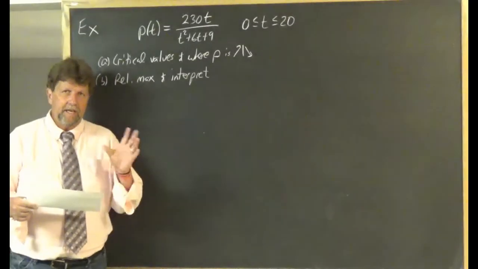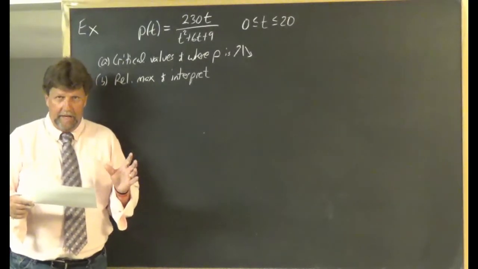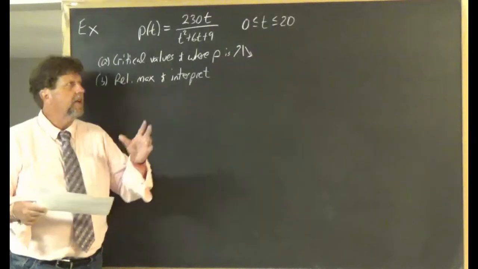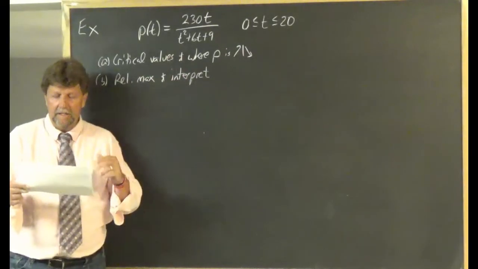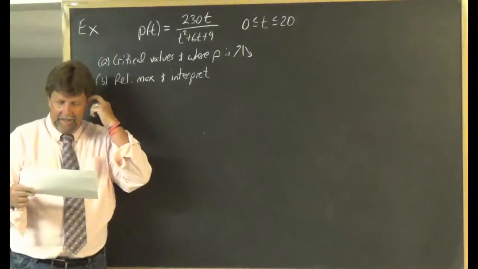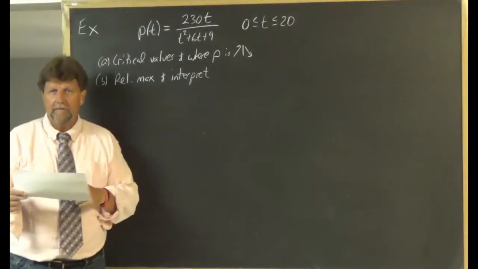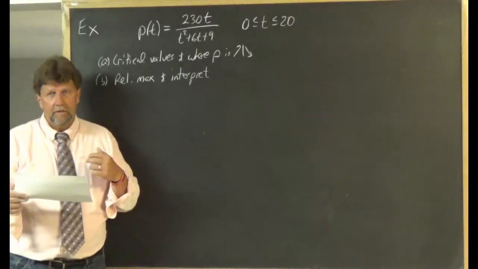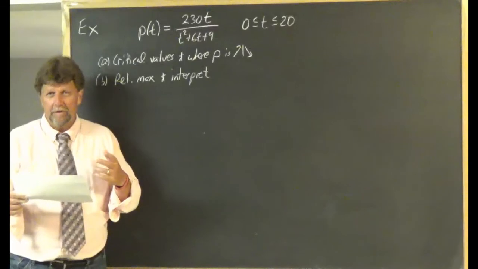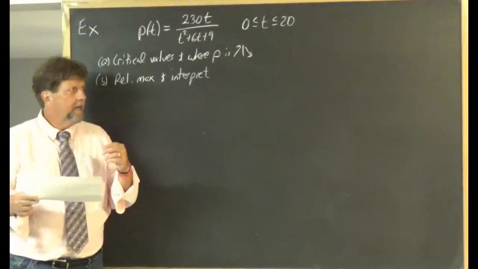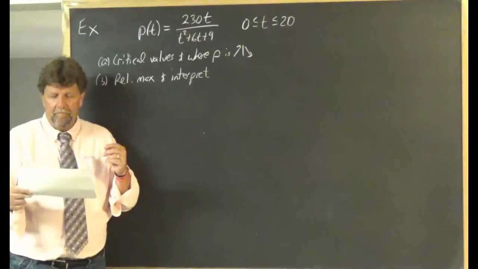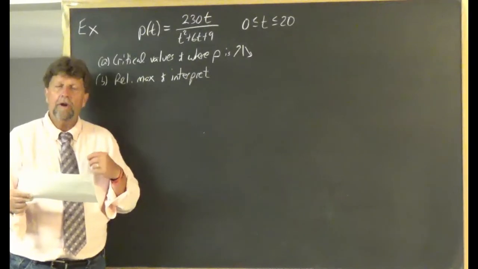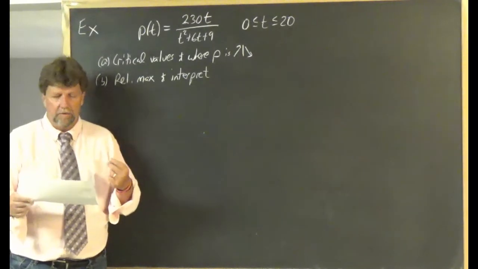All right, folks, this example, a lot of words, should have written it all down, should have it in your notes. I just wrote down what the function is. It's representing concentration of medication during the first 20 hours after the medication was administered. T is time in hours, and P of T is the concentration of the medication as a percentage.